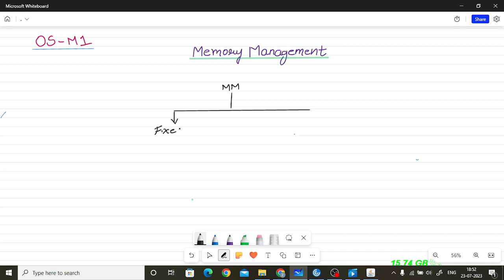Fixed partitioning can be done in two ways: the partition size can be fixed, or it can be variable.